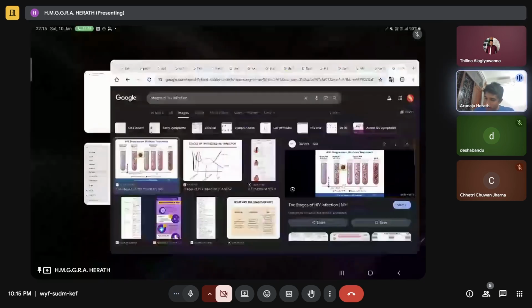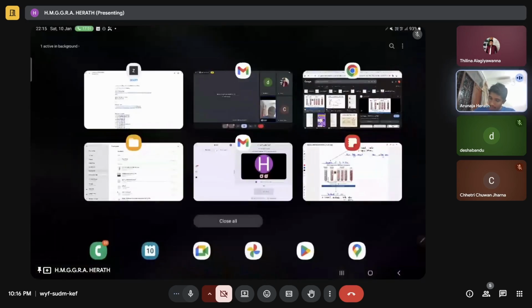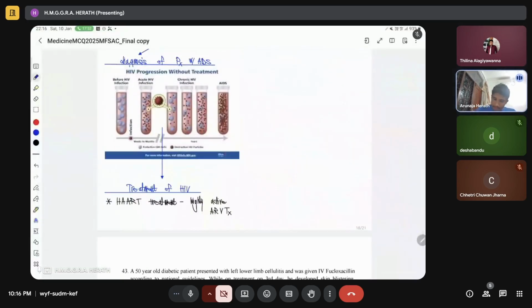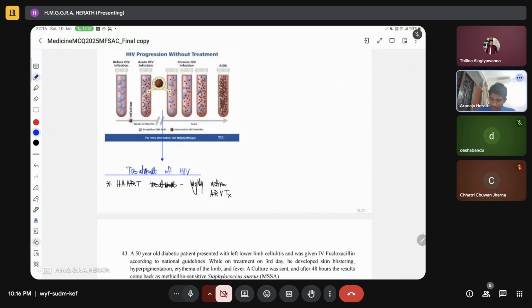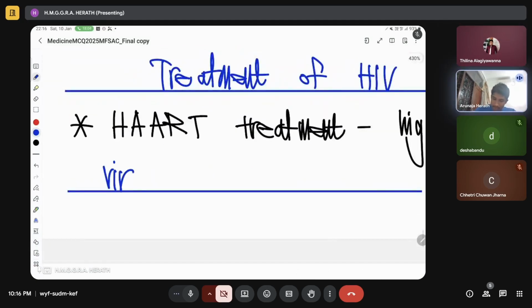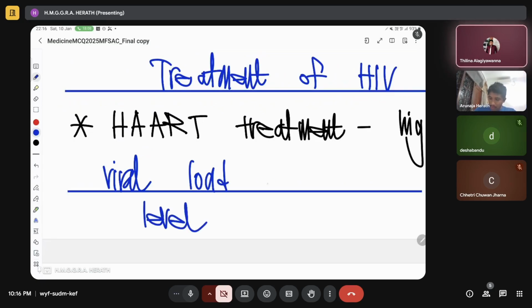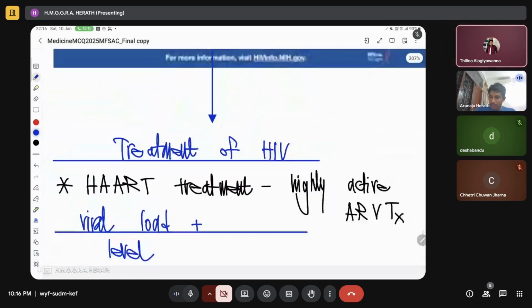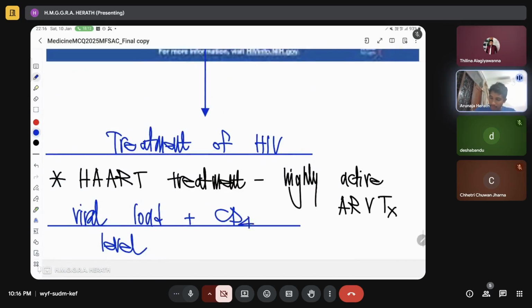What is the goal of treatment now? Antiretroviral therapy, HEART, is given to everyone. Then how do we check the patient? What are we checking in the patient? Yeah, one thing is we can check for the viral load. Anything else? We can also check for the CD4 T cell count. Okay?